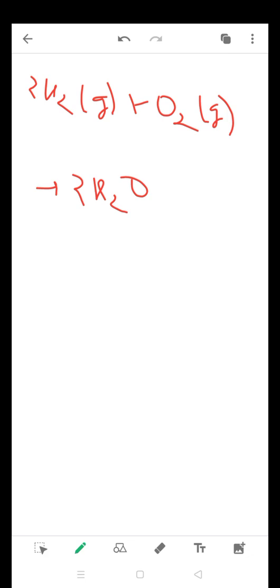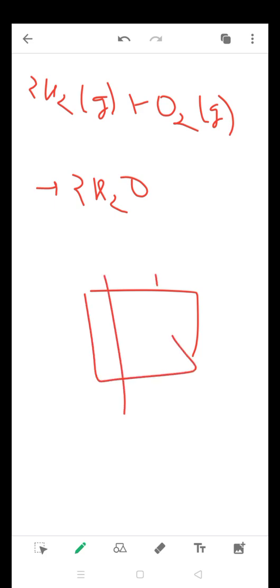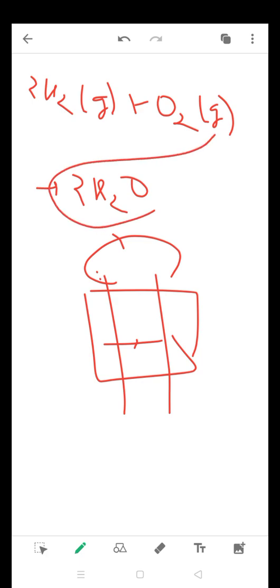So it means that whatever electrons are produced at the anode are passed on. These electrons don't pass through the electrolyte. They pass on through an external circuit. This is the reaction that is taking place inside the cell, where the flow of electrons takes place outside the cell. So this is how the fuel cell works.